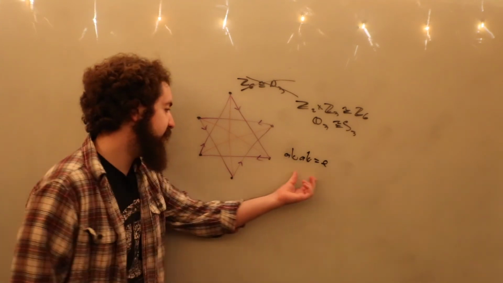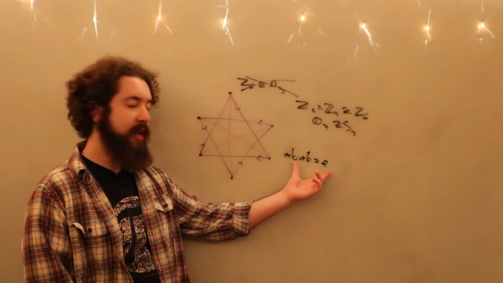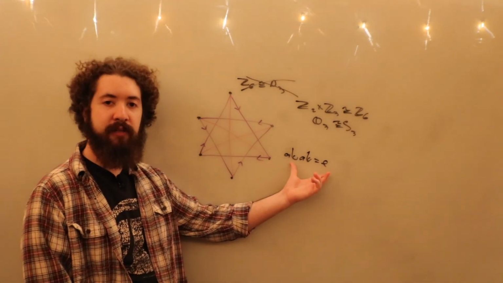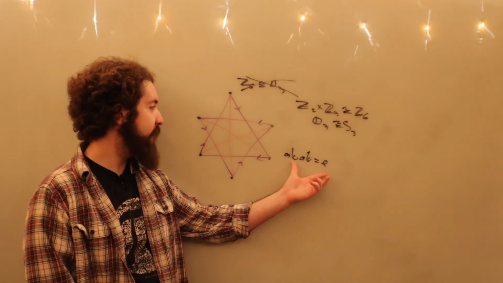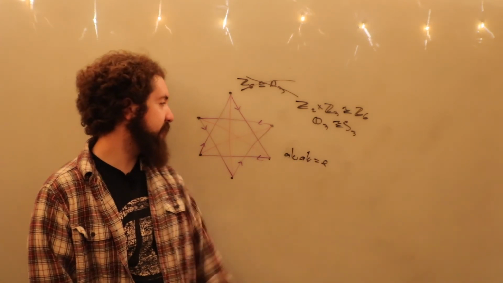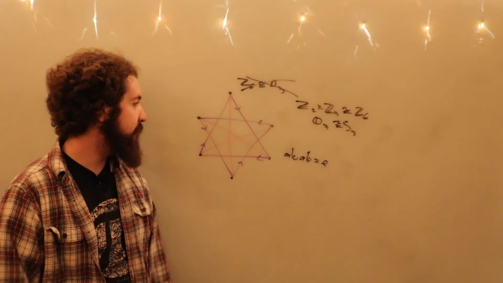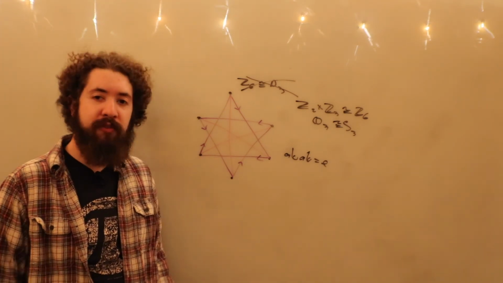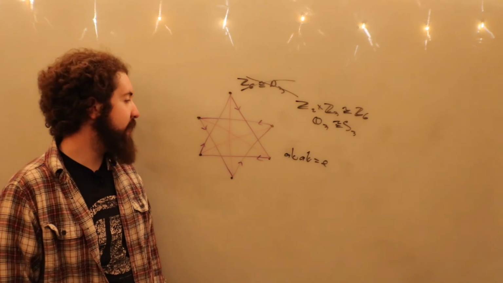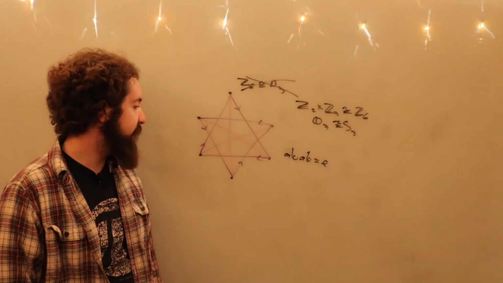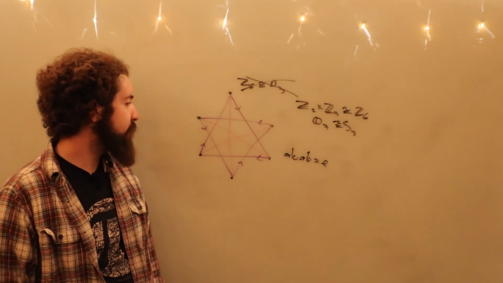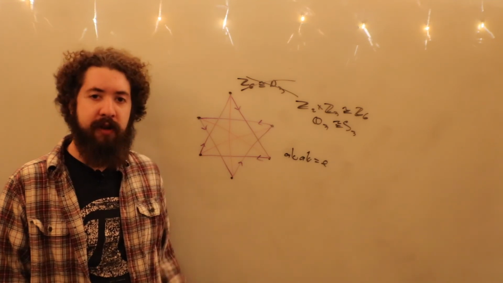And notice how this does not look the same as the relation that we had before. It in fact is a different relation. And so we have a group of order 6 which is defined by the same generators and 2 of the 3 same relations, but a third, alas, different one. So here's the Cayley graph.